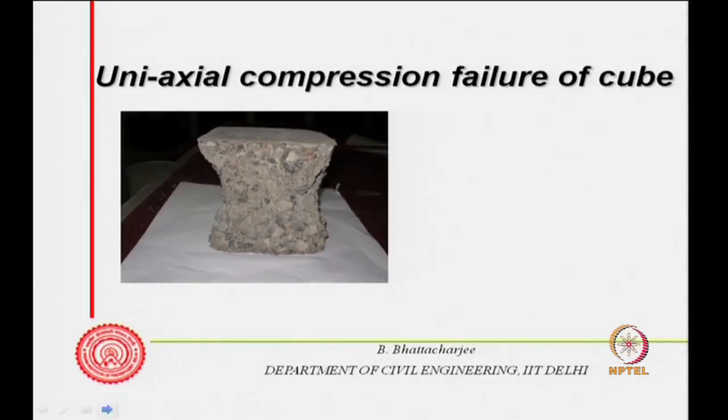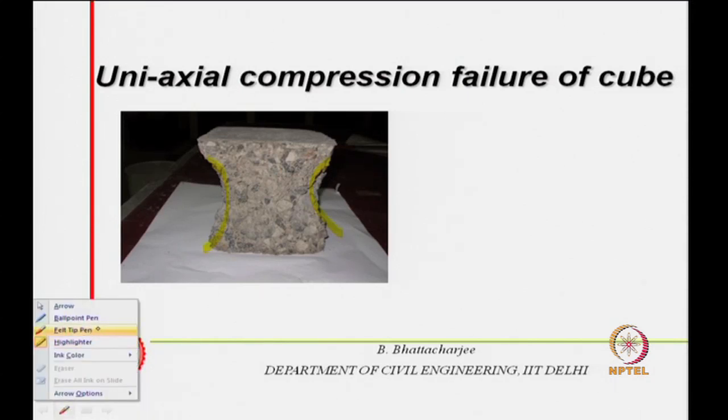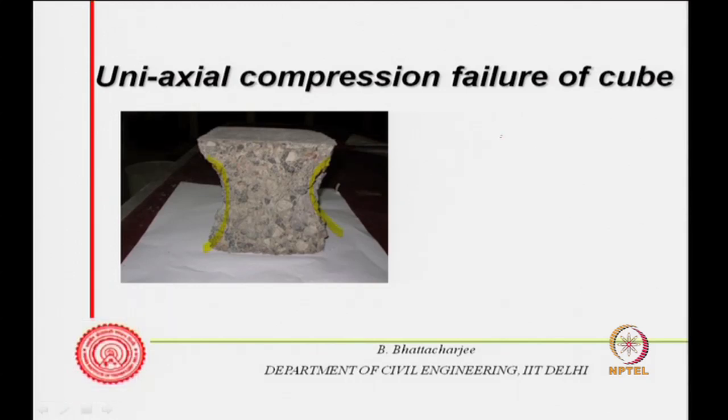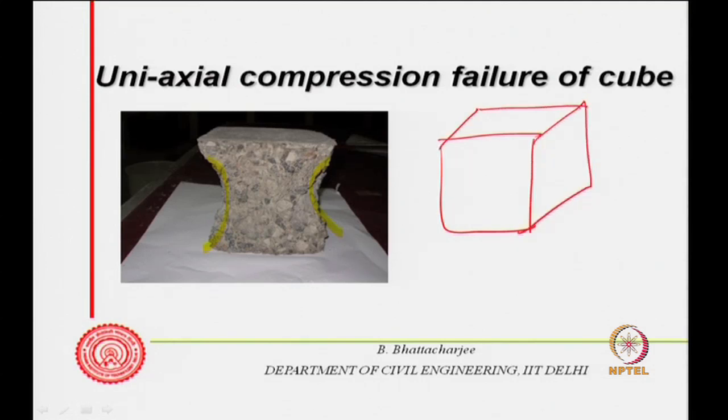Let us see, if I look at a cube, how does it fail? This is the uni-axial failure pattern. That means I have applied some sort of load on a cube specimen. Since in the Indian scenario largely we test only cubes, we will be talking more about the cube strength, and many other countries do follow the same.